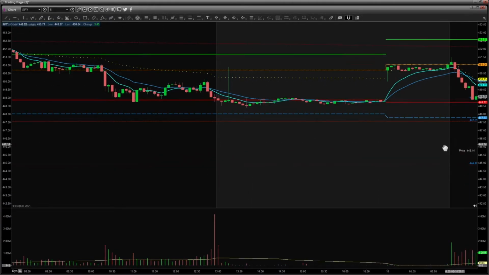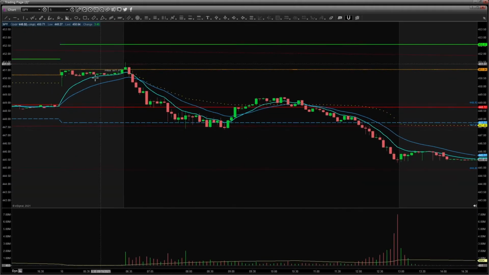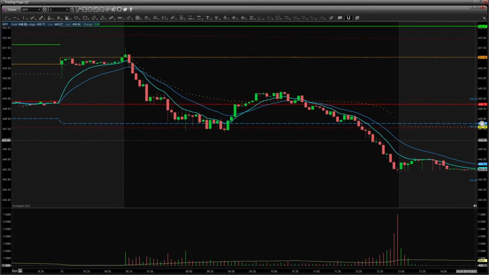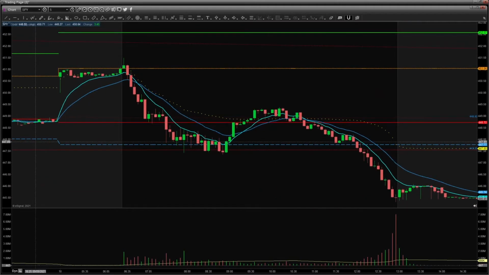This is the 5-minute chart on September 10th. The one thing that I really like about eSignal is that you can go back and look at 5-minute chart history and see exactly where these levels are hitting, which is pretty cool. You do have to pay extra for that if you want to go a little bit further back in time, which kind of sucks, but it's worth it when you're drawing pivots, and this really helps draw pivots as well. So let's check it out.